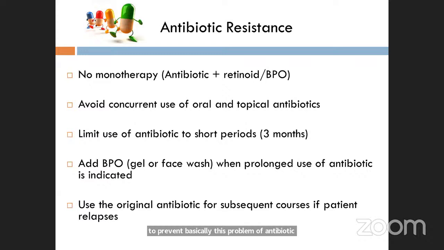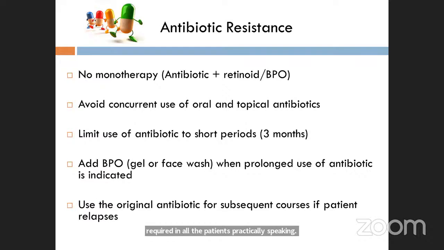So how long do we use these oral antibiotics? Earlier on, we would give it for many years, but now we know that we keep it short, not more than 3 months. So how I treat is that normally 30 to 40 days of oral antibiotic is broadly required in all the patients, practically speaking.